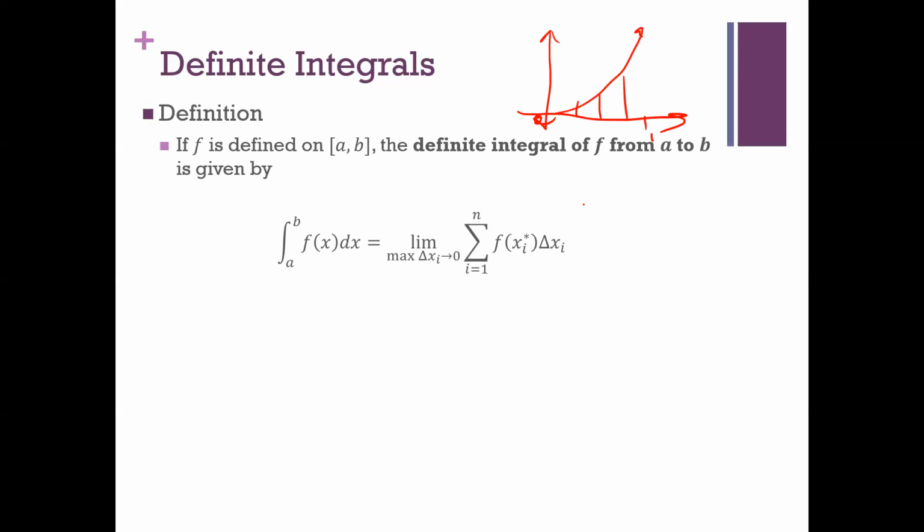How do we find delta x? Delta x is the width of one interval, because we made them all the same width. The way we did that was B minus A over N, which was equal to 1 minus 0 over N.